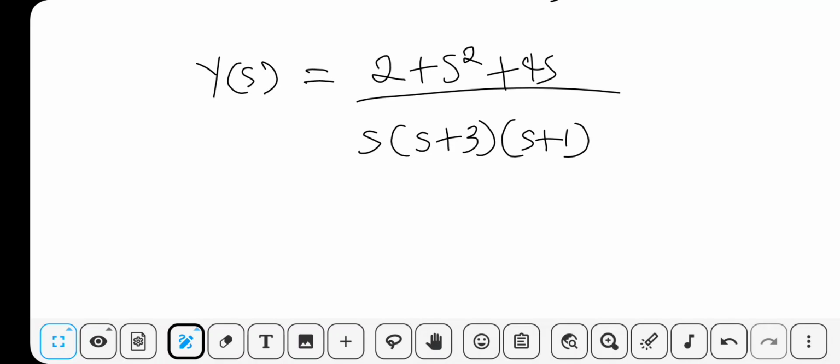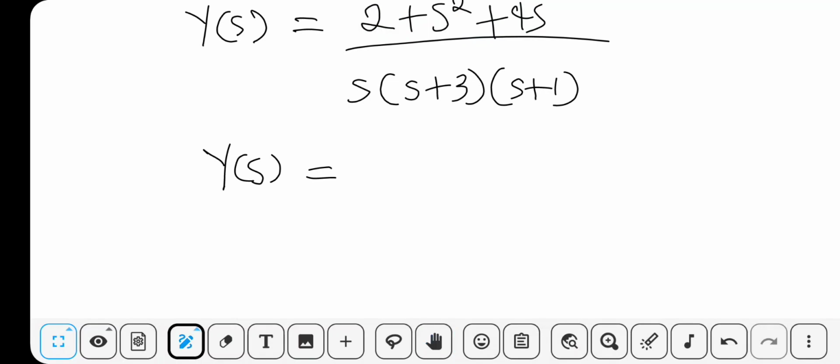Converting this to partial fractions, the previous videos are already there. You can just check any of them, solving those questions using Laplace transform, finding the inverse Laplace transform using partial fractions. That's for the previous videos. So in partial fractions, this is what you have.